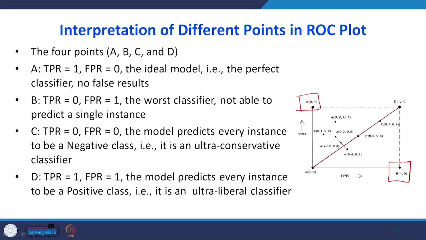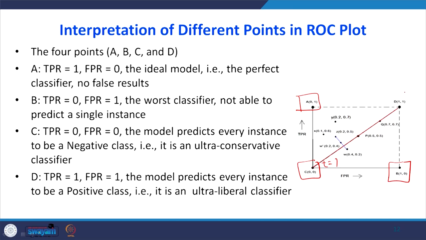Then we will go for C, this situation where true positive is also 0, false positive is also 0. The model predicts every instance to be negative class. It is an ultra conservative classifier. This will happen when t equal to 1. Suppose you keep a threshold at a very high level, so everybody will be considered as negative class.